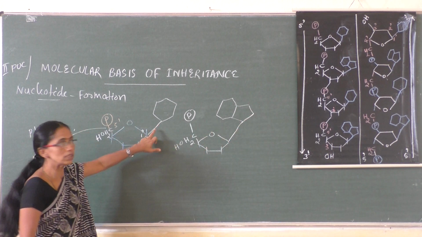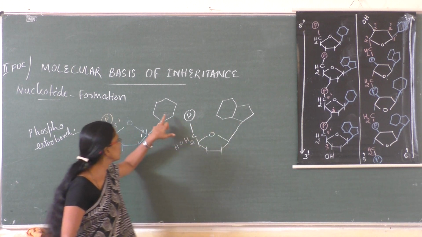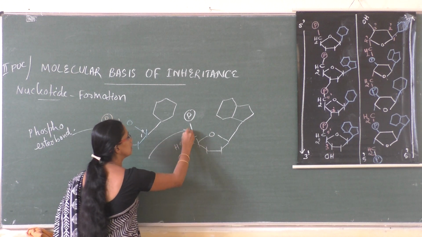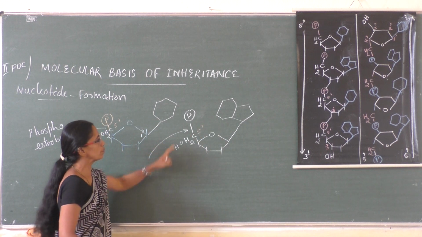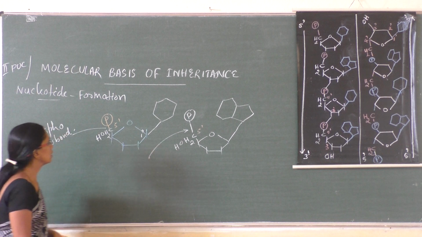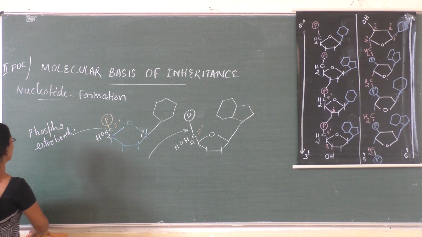So this is a pyrimidine, this is a purine. Purine 9th position, pyrimidine 1st position, N-glycosidic bond, and here this is the 5th prime carbon to which the phosphate is attached. So this is how the nucleotides are formed.